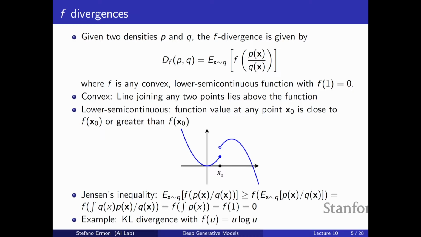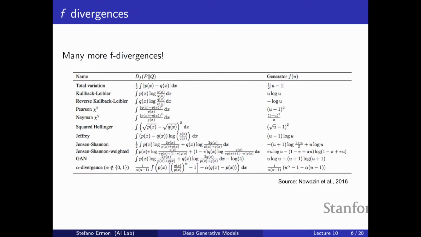For example, if you choose F to be U log U and plug it into this formula, this expression evaluates to the usual KL divergence, where the way you compare two probability distributions P and Q is by going through everything that can happen, looking at the density ratios, and scoring them with respect to this log function. There are many other F divergences. If you plug in different Fs, you get different divergences.